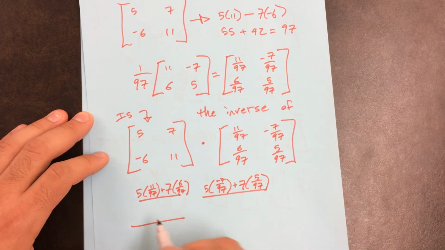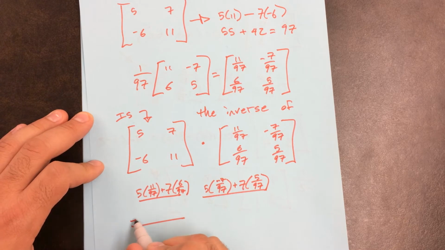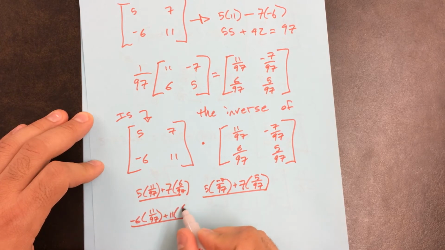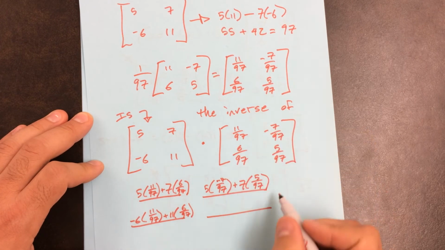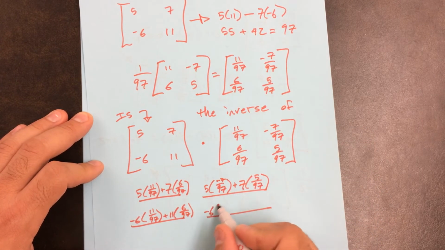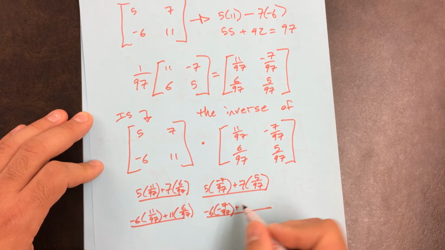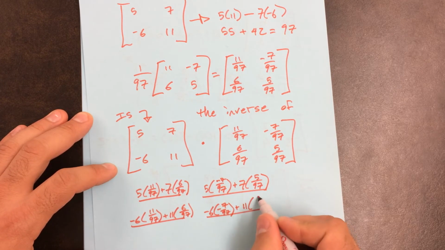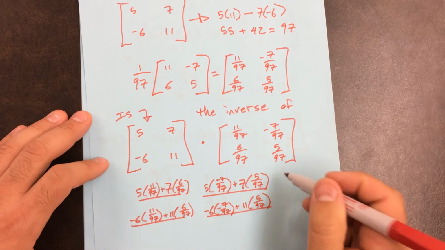This row times this column gives me my next spot: negative 6 times 11 over 97 plus 11 times 6 over 97. This row times this column gives me my last spot: negative 6 times negative 7 over 97 plus 11 times 5 over 97. And I'm looking for the identity matrix.